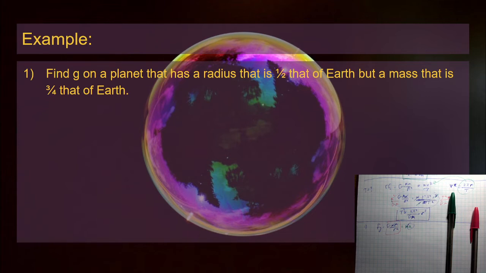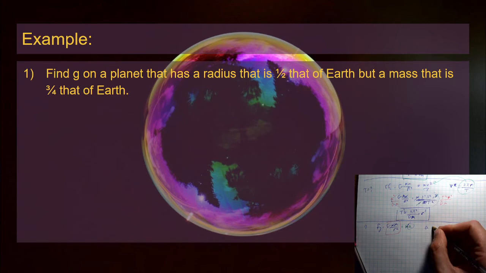So when you're finding a force field, or when you're finding the acceleration, you can completely ignore the mass of the object that's being accelerated. So when we're doing this here, our acceleration will be proportional to capital G M over r squared. Well, G is a constant.